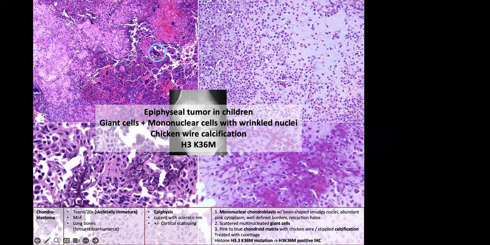And then in your giant cell rich tumor differential, this is one of them. It does have osteoclast-like giant cells in the background, seen in this blue circle. And it is positive for the histone K36M mutation. So this is one of the ones that has an immunostain that can be proof-ative if need be.